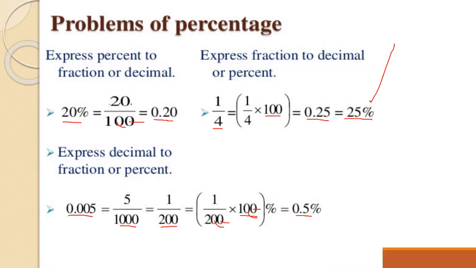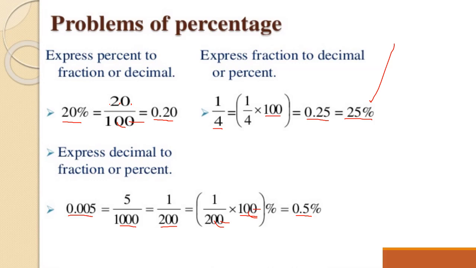Whenever you convert into a percent, when you have the fraction, you multiply it by 100. When you multiply that number by 100, you will have the percent. So when you multiply 1 by 100, it will be 100 over 200.